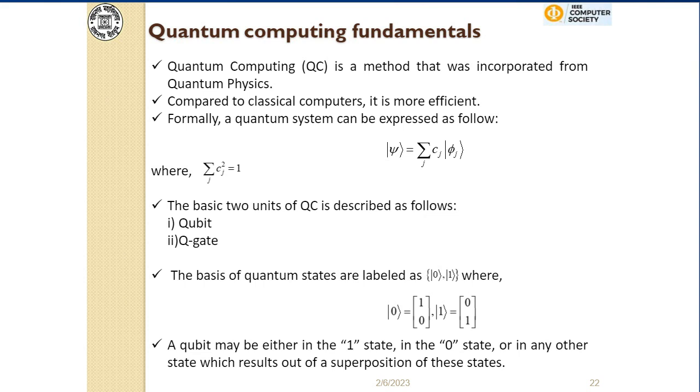Then you start the algorithm, and the only challenge remaining is to find the best solution out of all the possible solutions present in a qubit. So that is the advantage. You are equipped with all the possible solutions which actually exist.